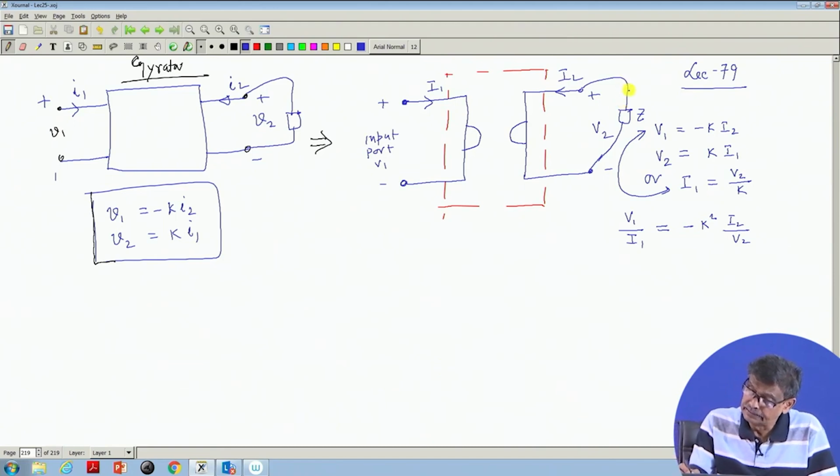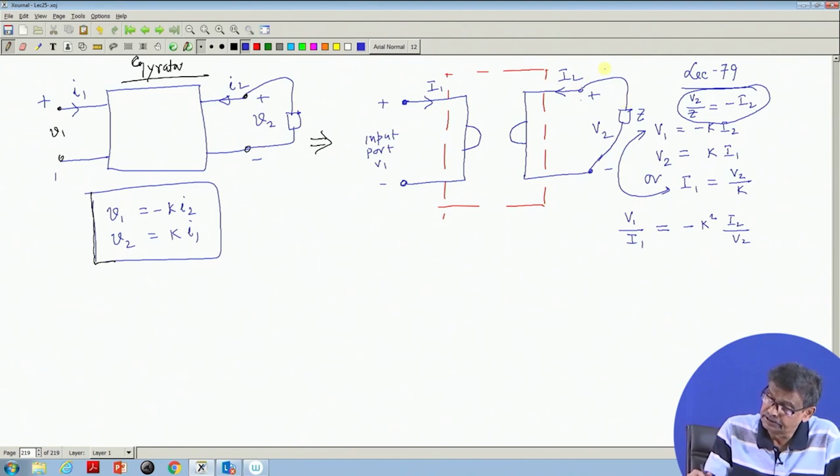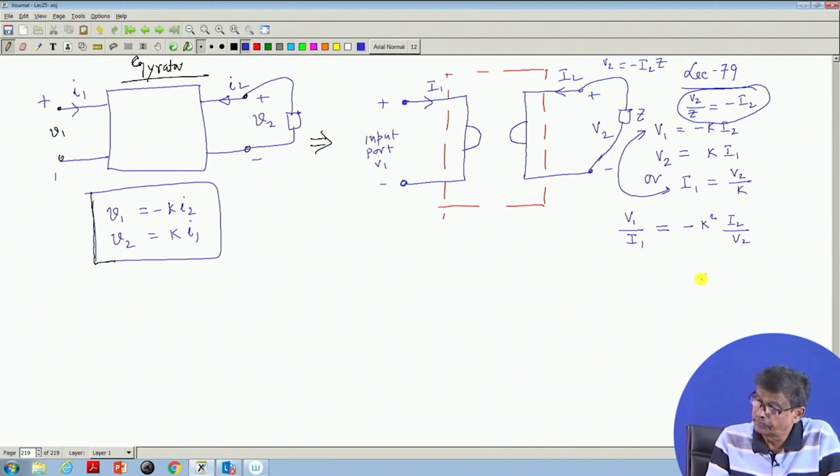Then, since I2 is entering and V2 is this voltage plus to minus, V2 is equal to minus I2 into Z. So V2 by Z gives minus I2. Therefore, minus I2 by V2 will be 1 by Z, whatever impedance you have connected.